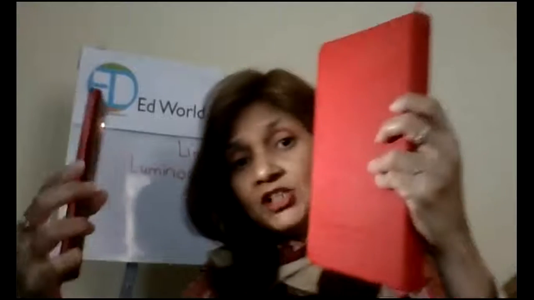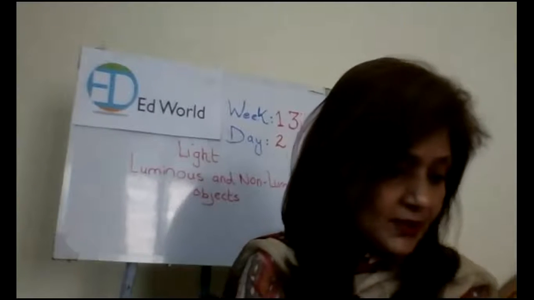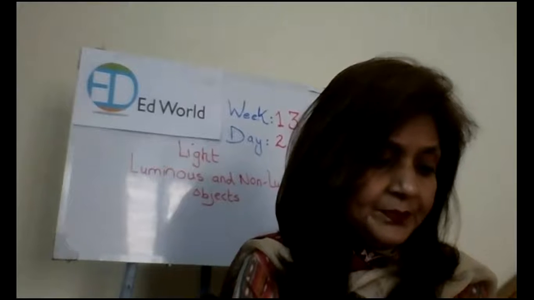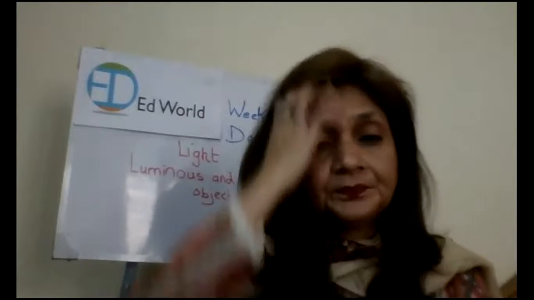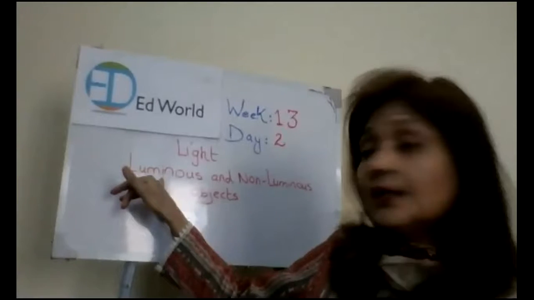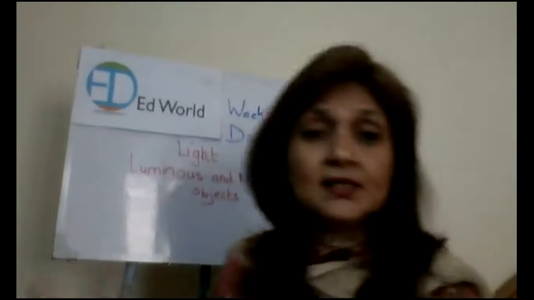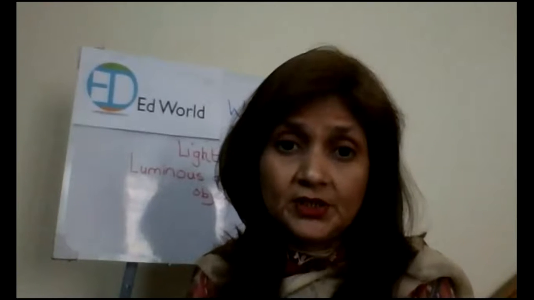No. But if I shine my torch, it will get light from my torch. So, these are the non-luminous objects. Okay? So you can say the sun, the star, the moon, candle, fire. These are the luminous objects, whereas the others are non-luminous objects, right?